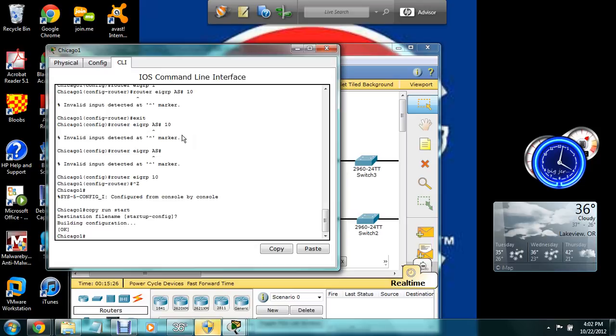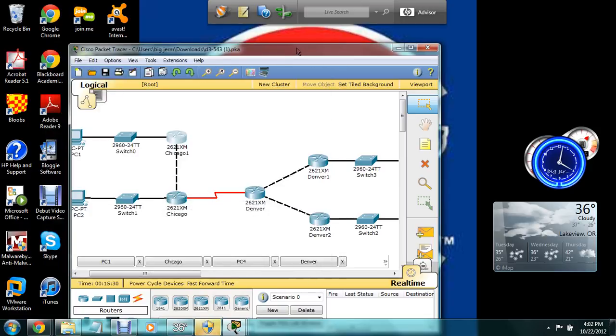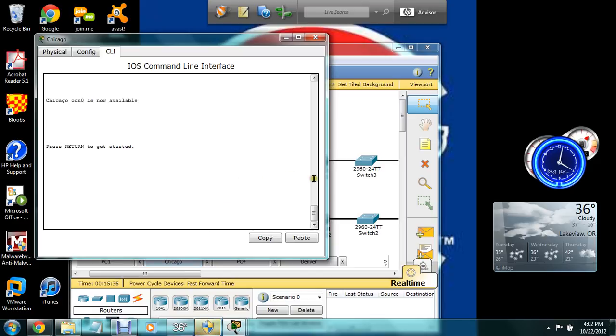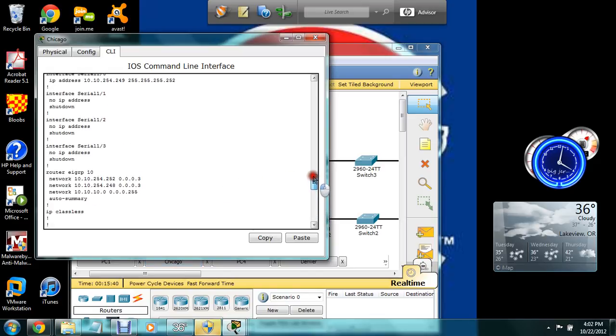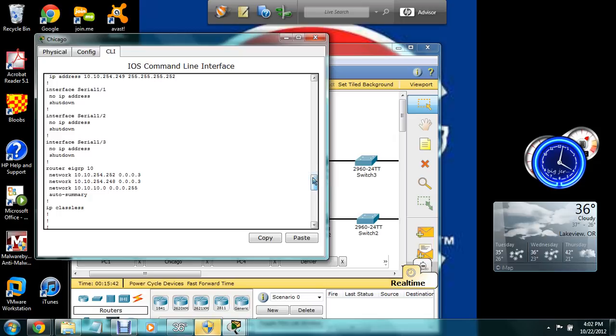Then we're going to go into our Chicago and look up at our networks here: 254.252, 254.248 and 0.